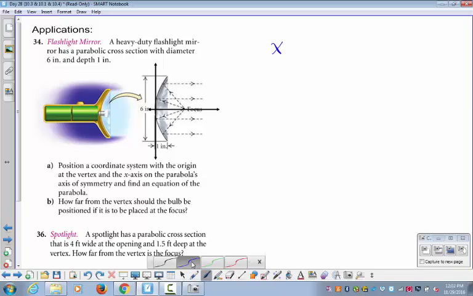Which variable should be squared? Y. So y squared equals 4px. That'll be our standard form. So we have to somehow find p. We need to find p, because p is the distance we're looking for. That is the distance from the vertex to the focus.